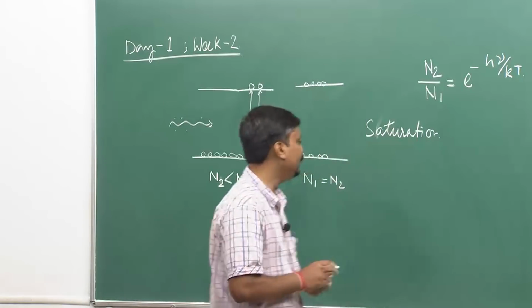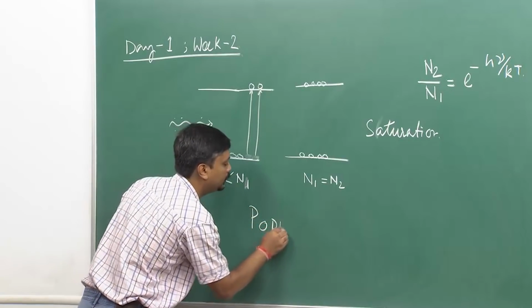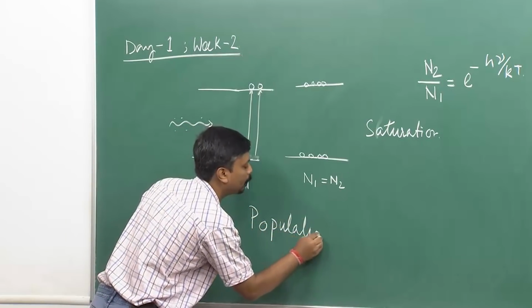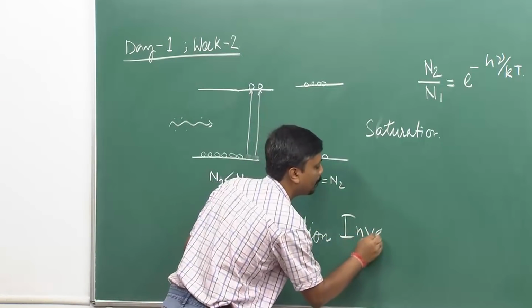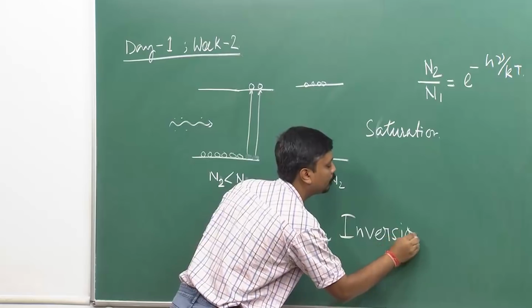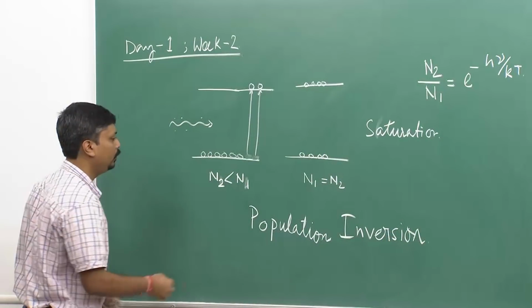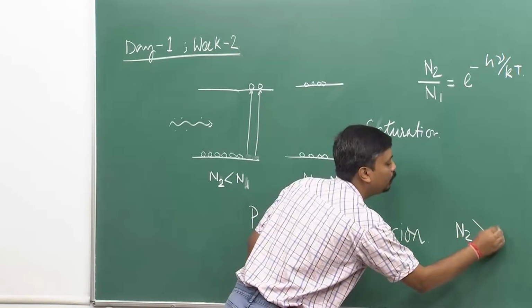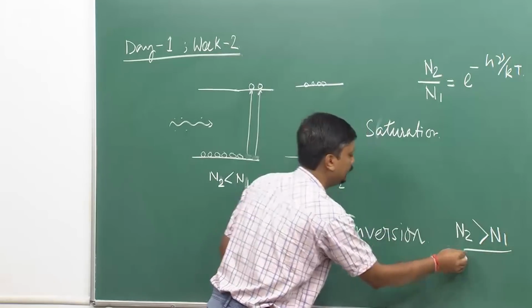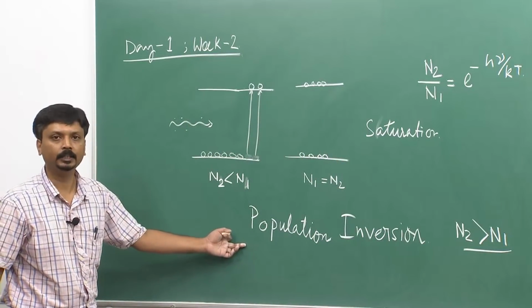This is known as population inversion. Right, so this condition N2 greater than N1 is essentially a population inversion condition.